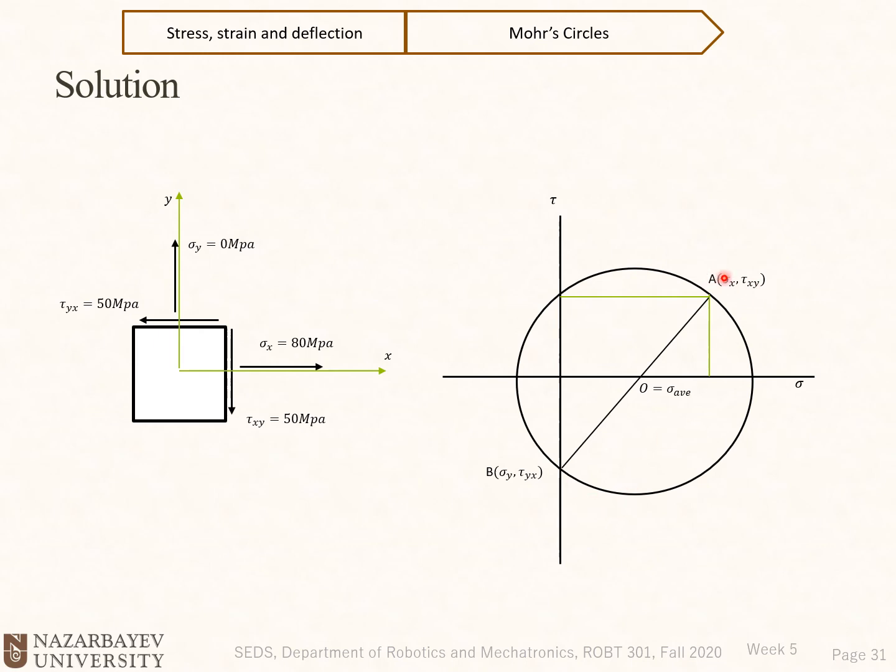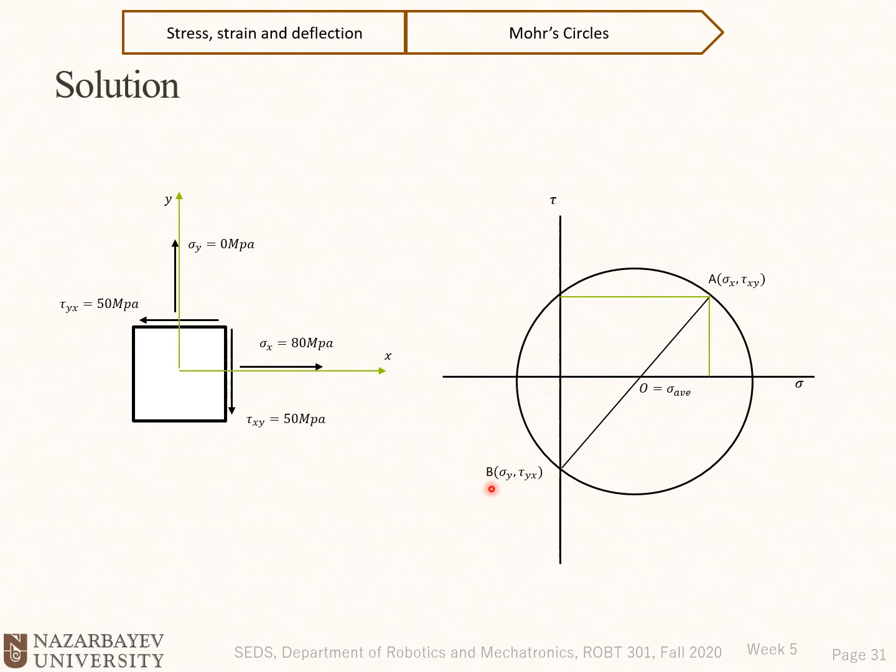We need to first find points A and B. Point A is sigma x, tau xy, and tau xy is positive, because the tau xy here tends to rotate our element clockwise. So we have sigma x equal to 80 and tau xy equal to 50.